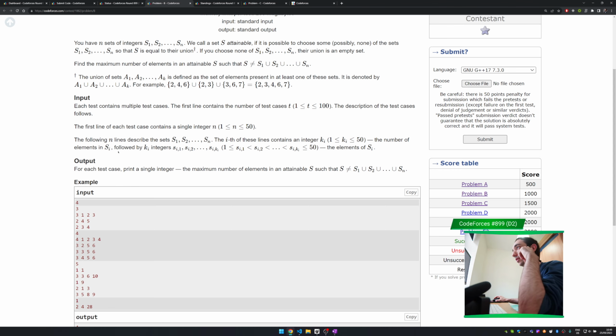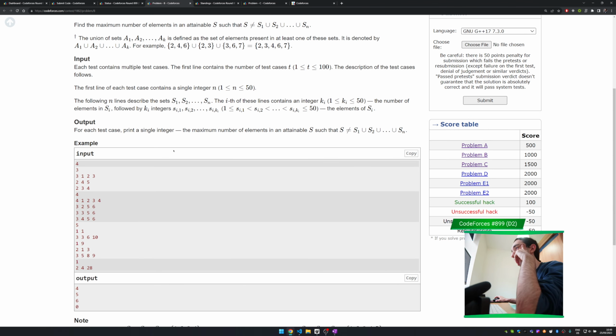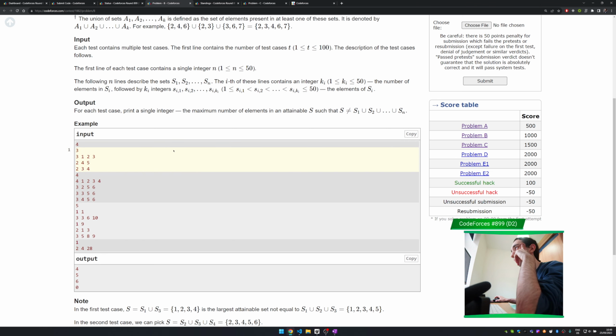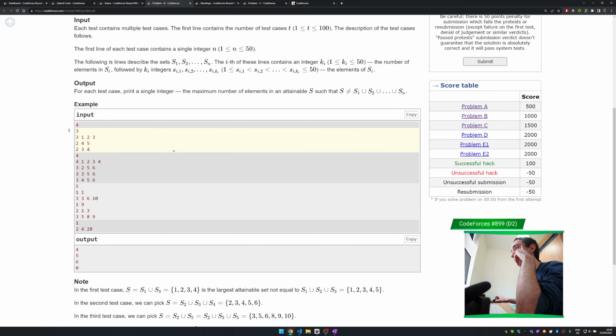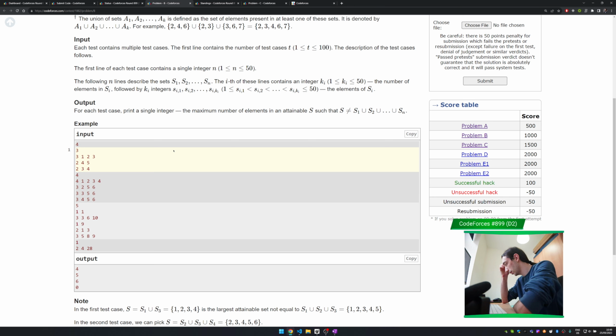Number of elements in Si. There are 50 elements. Let's assume that we make a graph, then what? How do we make a graph?